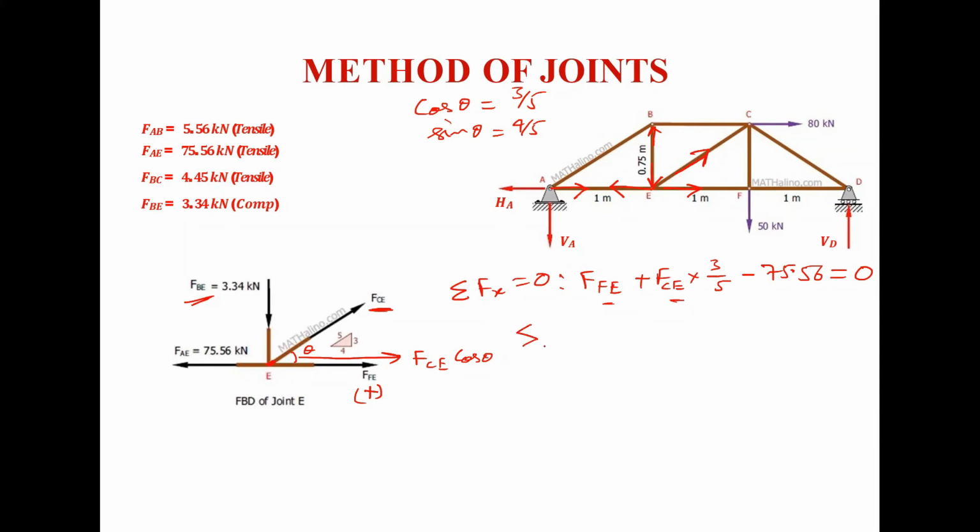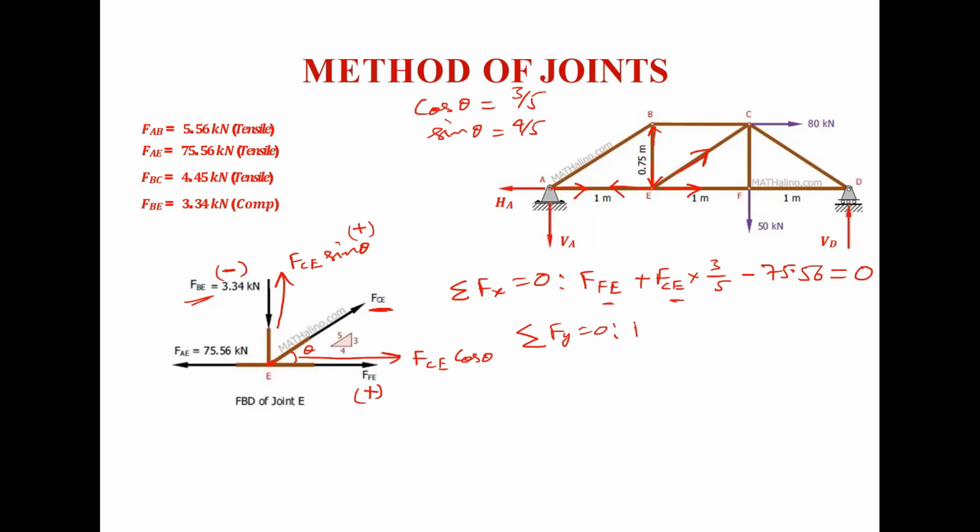So let's apply now vertical force balance, and vertical force balance will give you, suppose I'm considering vertically downward as negative, ये मान लो मैं negative ले रहा हूँ, and this FCE का vertical जो है vertical component, it will come out to be FCE sin theta. So this will be positive value because its direction is vertically upward.